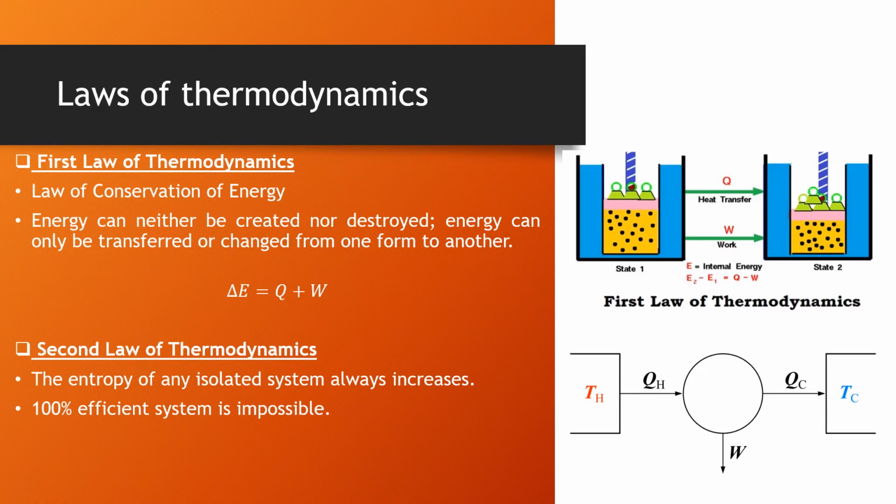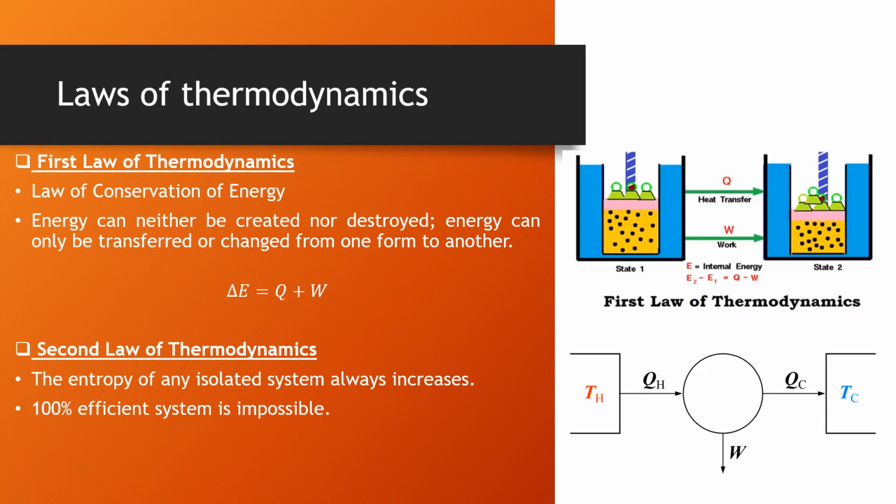Think about the picture on the right. You have some system at state 1. At any given time, it has an internal energy E. Now, if you want to get the system to state 2, it can only be done by either addition of heat or removal of heat from the system, or by doing some work to the surrounding environment, or by adding work to the system.